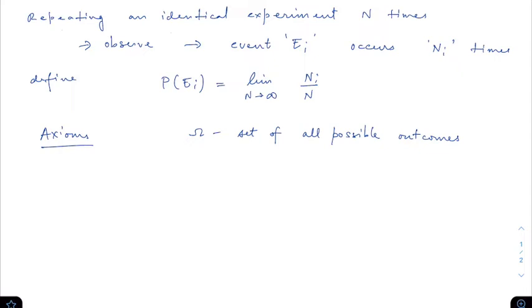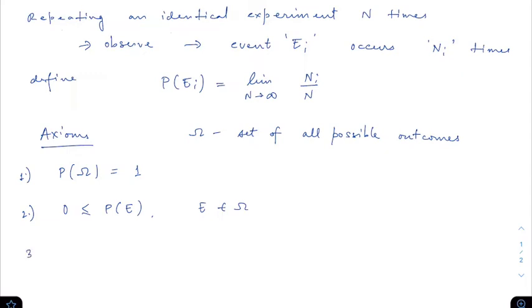So now coming back to the axioms, the first one is that the probability of capital Omega equals 1, which means something must happen out of all possible outcomes, or in other words, the experiment must have an outcome. The second one is, for any event E, the probability should be greater than or equal to 0. So either this event happens or it does not happen, where E belongs to the set of all possible outcomes.